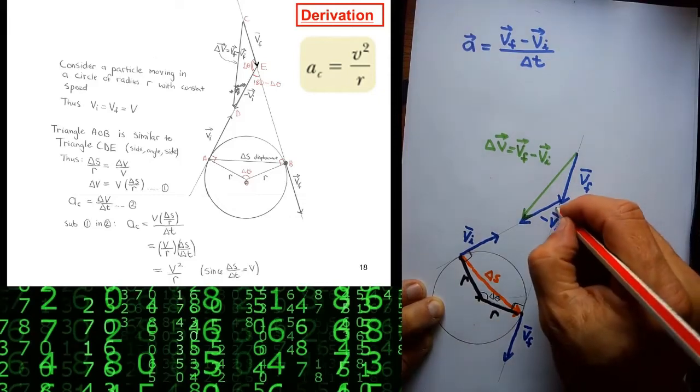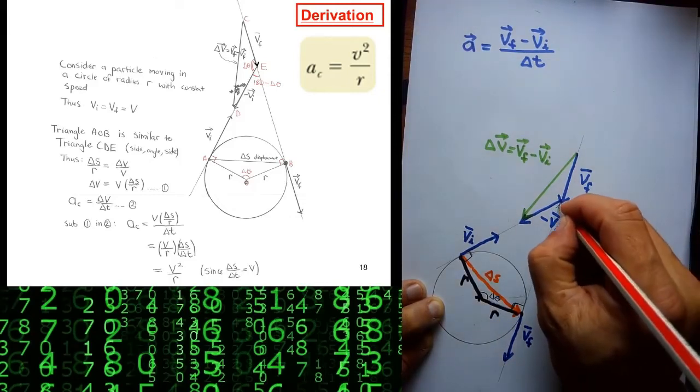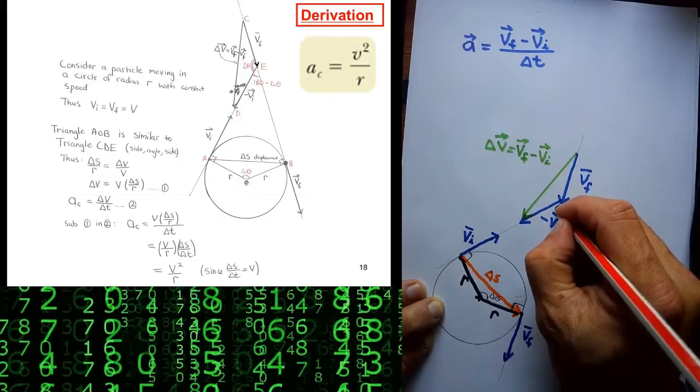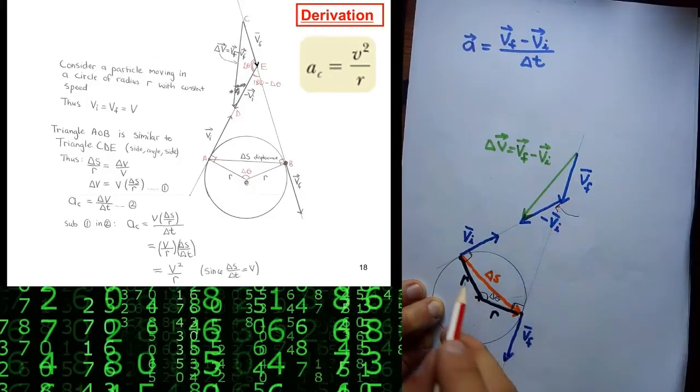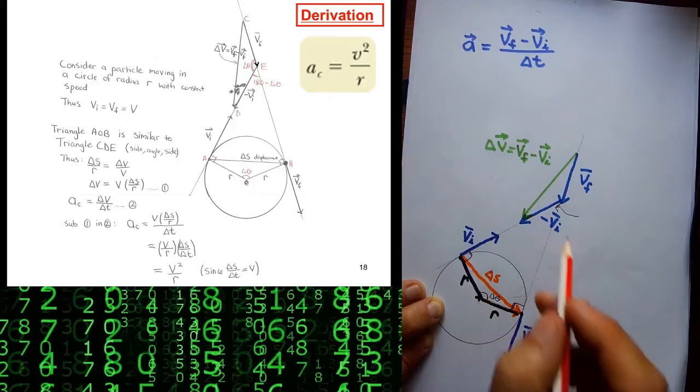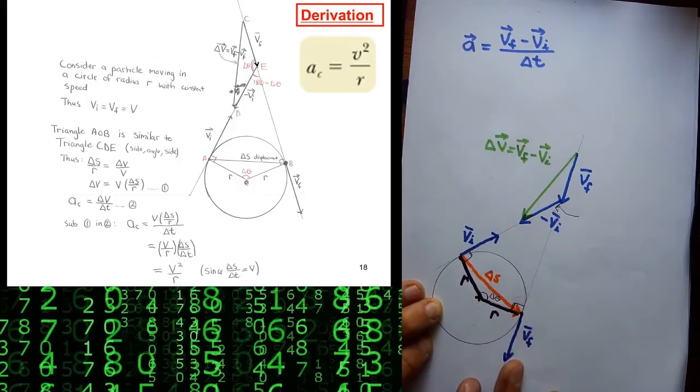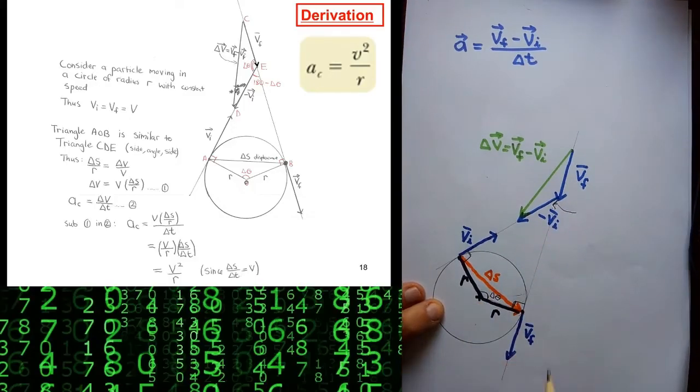So now we're interested to know what this angle over here is. Well, this angle plus this angle plus this angle plus this angle must all add up to 360 degrees. This is already 90, this is already 90, so these two together add up to 180.